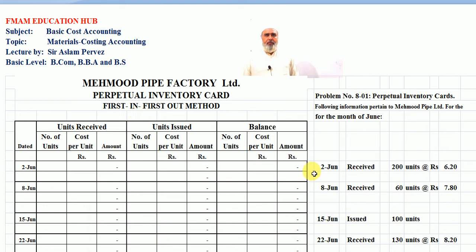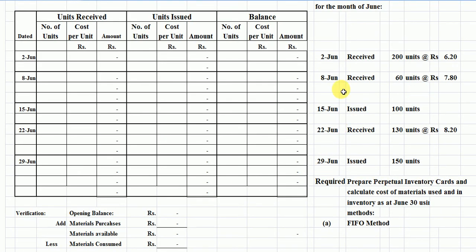Student, let's start the first transaction. 2nd June, received, meaning purchased, 200 units at the rate of ₹6.20.